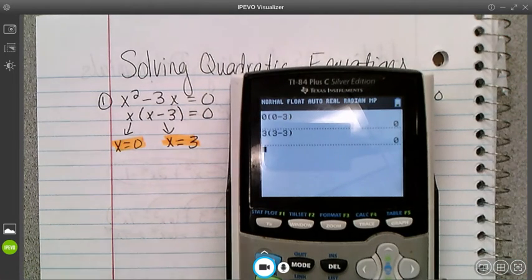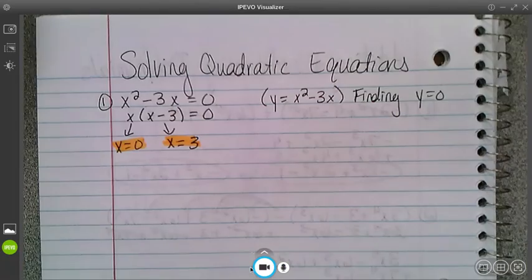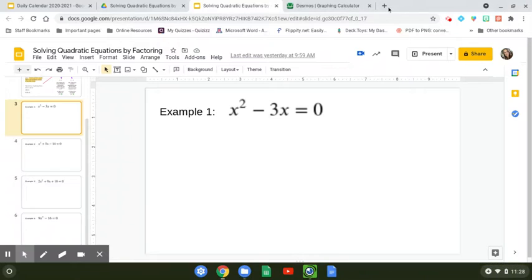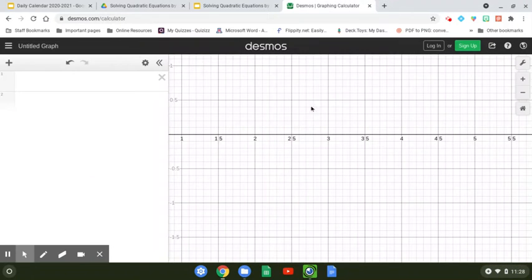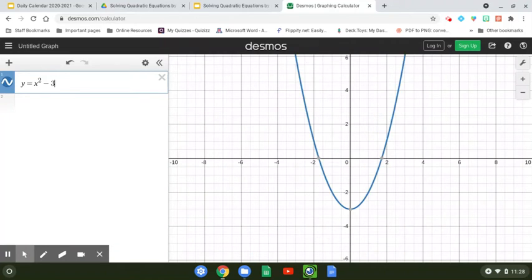Now, another way you can check your work, so this is one way you can check your work. Another way we can check our work is by going to our favorite graphing calculator, Desmos. I'm going to type in the original equation, y equals x squared minus 3x.